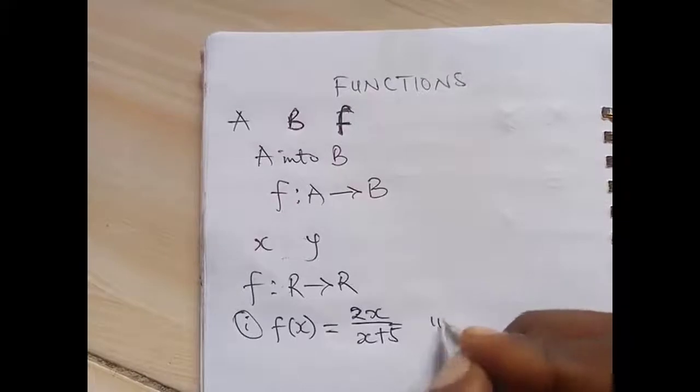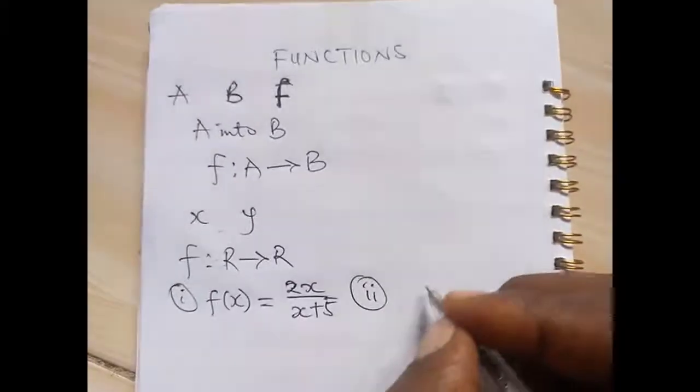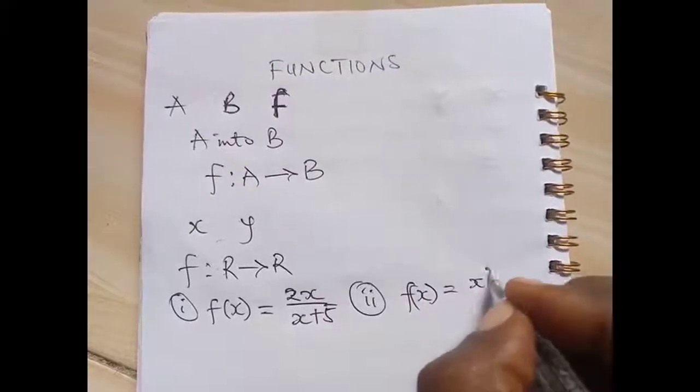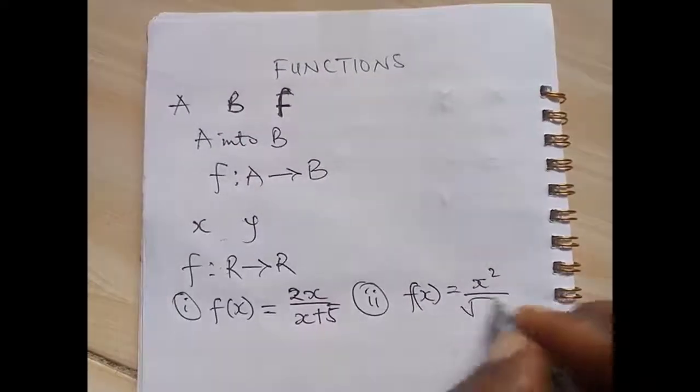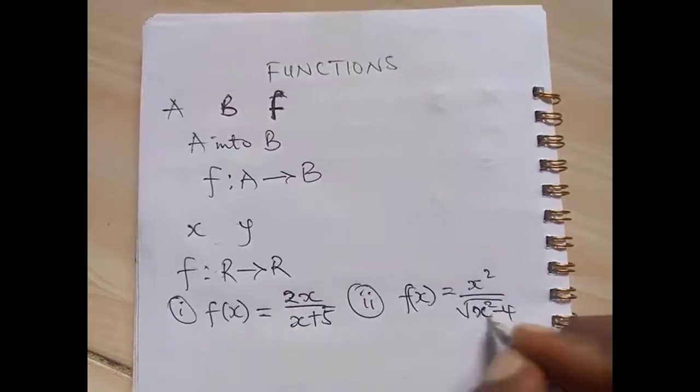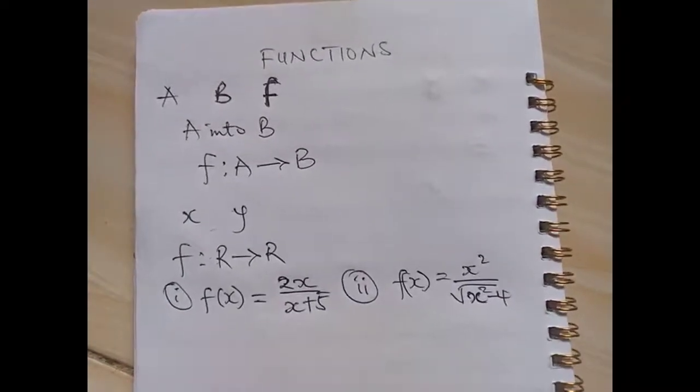And let's say f of x is equal to x squared over the square root of x squared minus 4. So how do we solve this?